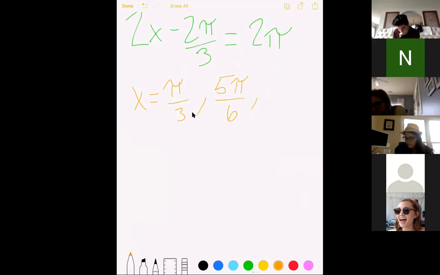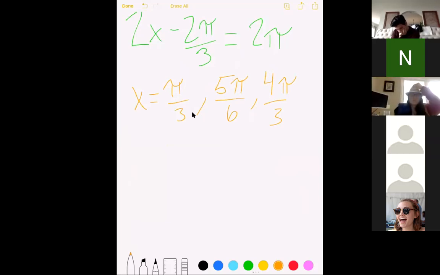And 8 pi over 6, which is the same thing as 4 pi over 3. Would we have to simplify like that? I would, and also you have to write them as coordinates, so it would be each of these values comma 0 when you write your final answer.